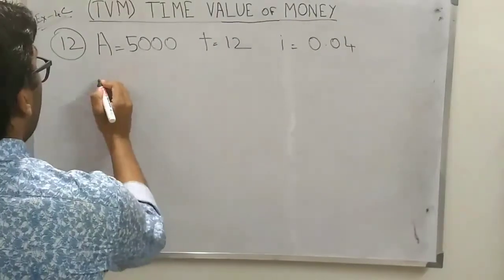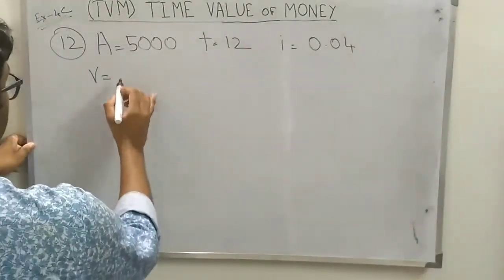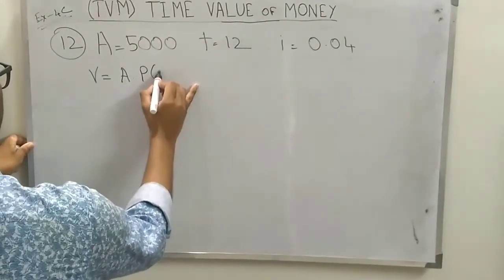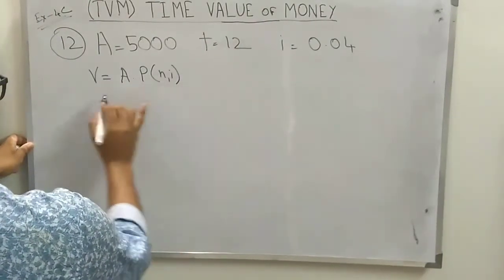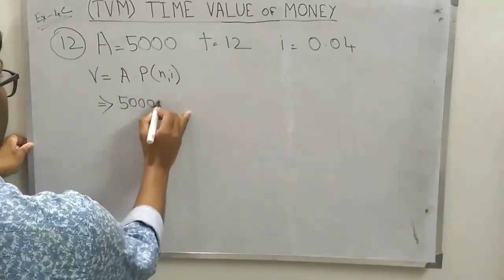Now for calculating present value, you have to calculate V is equal to A times PNI. That means 5,000 into PNI.